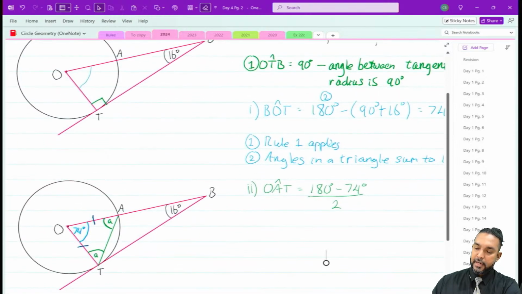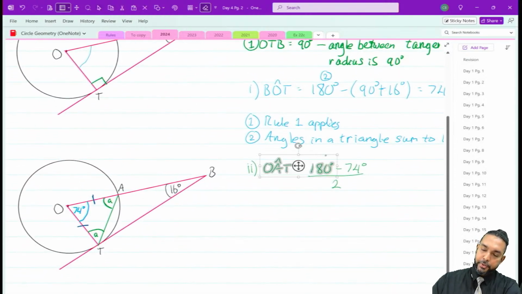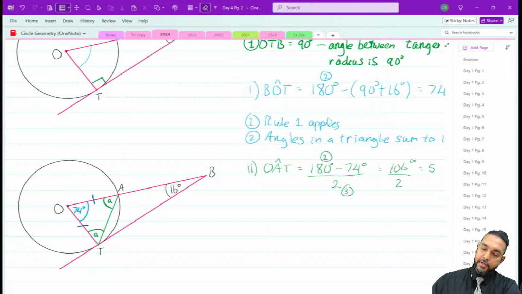So rule 1 was that, rule 2, right? So we'll cite rule 2 here again, right? And then we'll do a 3 down here. So 180 minus 74 is 106. 106 divided by 2 is indeed 53 degrees.